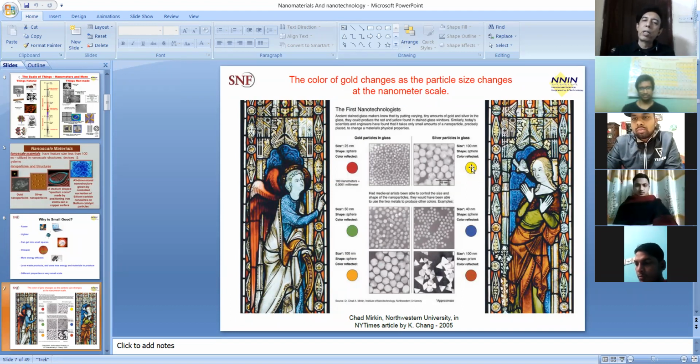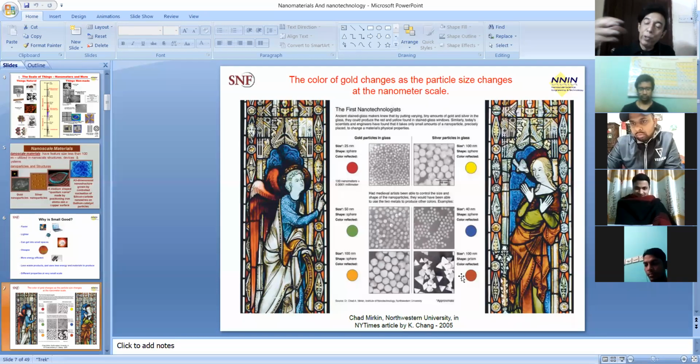So if these are nanoparticles, you see here that if you take, say for example, 100 atoms of silver, then the color will be, say for example, this. If you take 150 atoms of silver, then its color will be like that. If you take 200 atoms of silver, then the color will be like that.